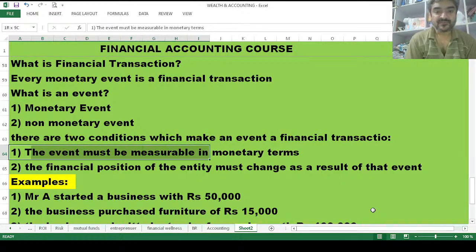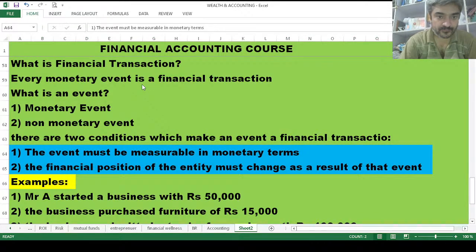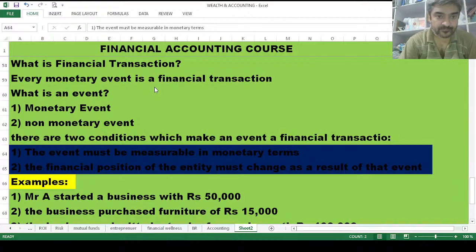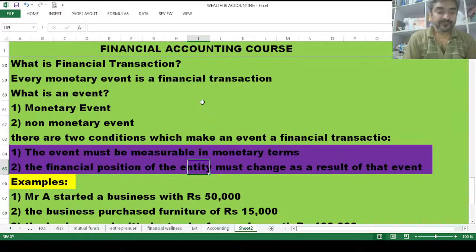The event must be measurable in monetary terms, and the financial position of the entity must change as a result of that event. And later I have written some examples, and I have placed an example for you to solve. Let me highlight these two for you. So these two conditions are necessary to be met.